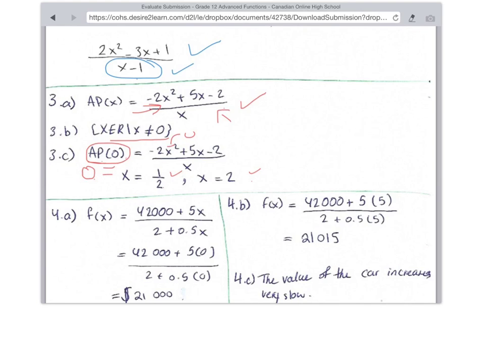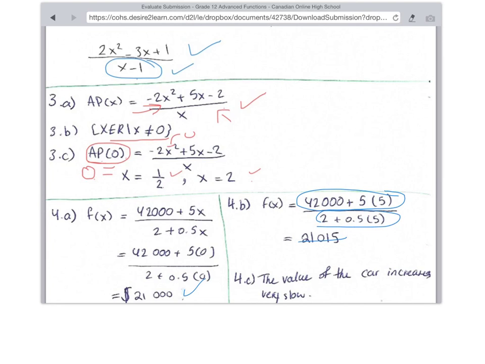Okay, for the last question, the first one that you've done is correct, that the value of the car as we start out is $21,000. Now, depreciation means that the value of a car goes down over time. So if you do your calculation again and make sure that you're using brackets, you're going to have 42,025 divided by 4.5 for the bottom.